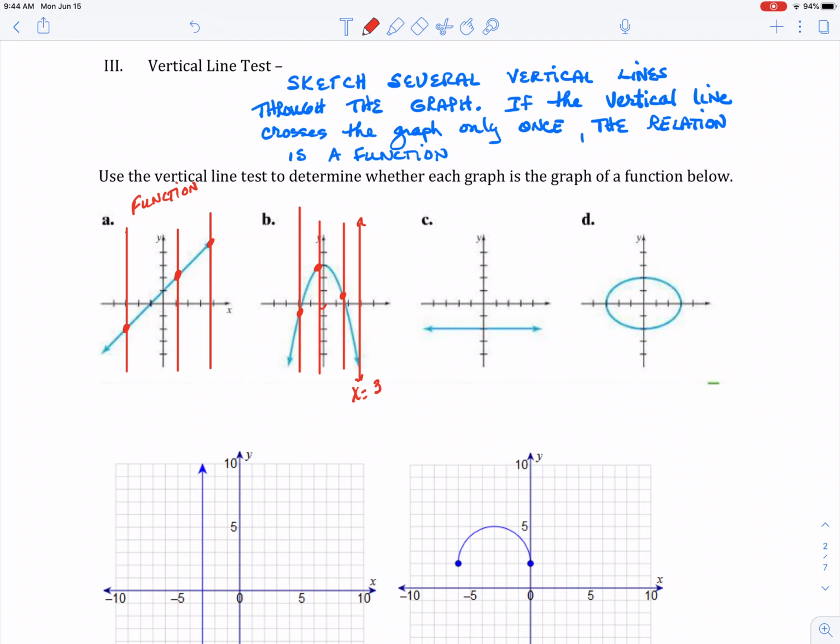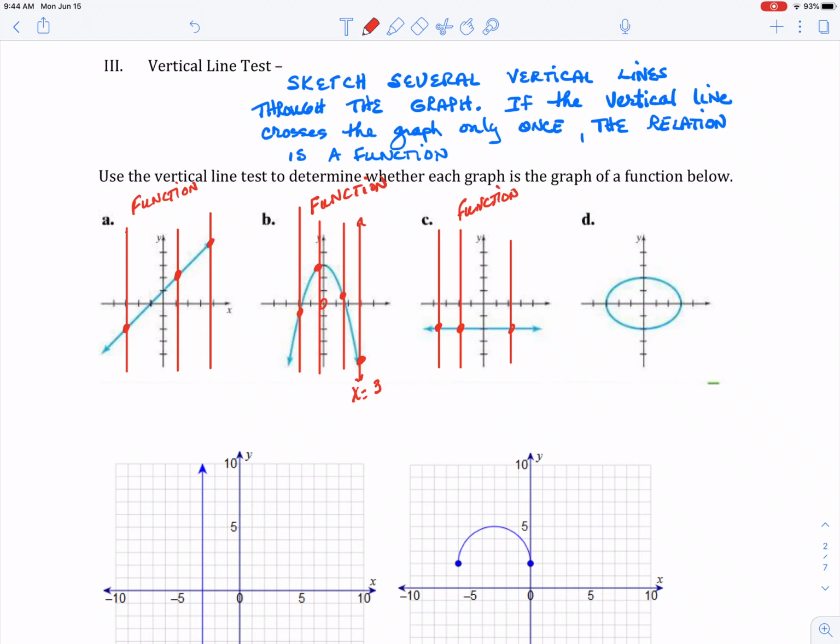Every single point on that line would have an x value of 3. And notice that there is only one y value assigned every time I draw that vertical line. So yes, this is also a function. Here's a horizontal line, and I think you can see that one pretty quickly. No matter where I put these vertical lines, running my vertical line test, it's only crossing this graph once. So the first 3 relations are functions.